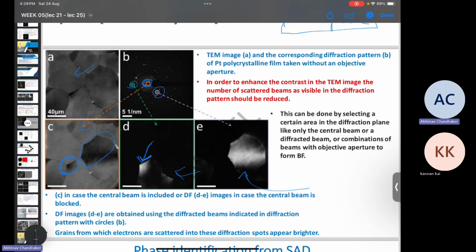Similarly, this region has planes which are diffracting at a particular angle, and all these planes form this spot. But since they are diffracting, they'll have lesser transmission of electrons, and as a result they'll appear darker in the bright field image.